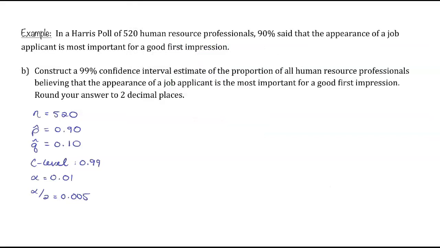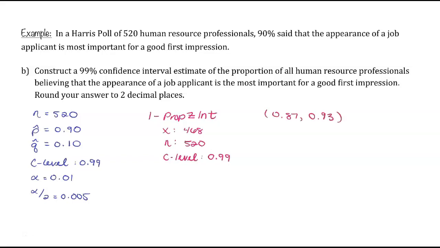In our calculators, we use the function 1PropZInt, and we entered our values for X, N, and the confidence level. Those were 468, 520, and 99%, or 0.99. We found a confidence interval of 0.87 to 0.93 if we round to 2 decimal places.